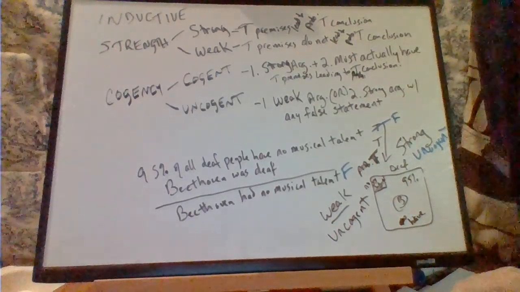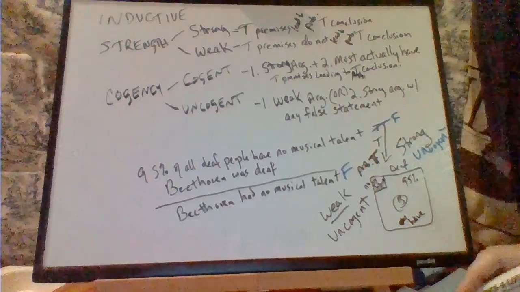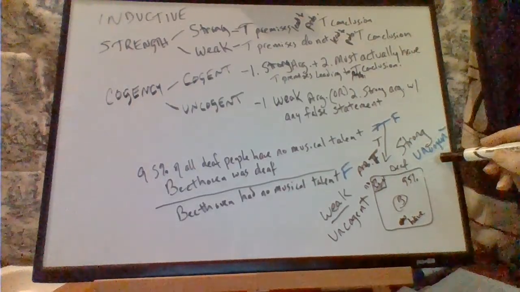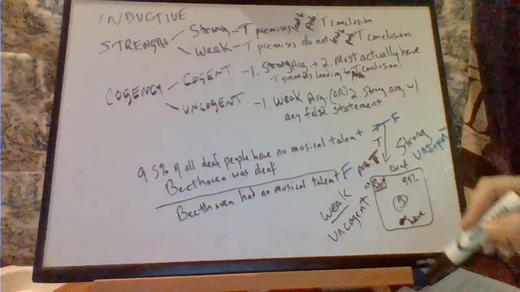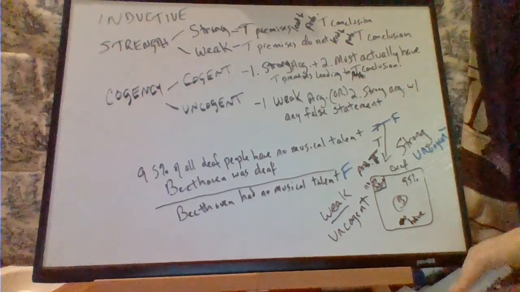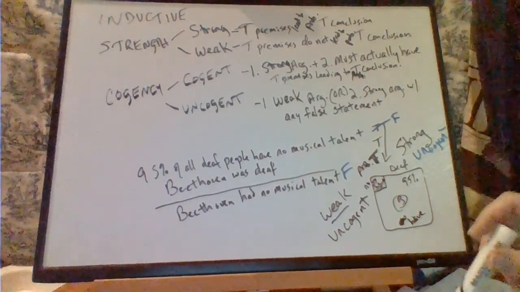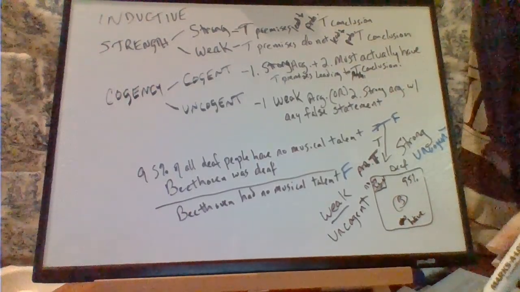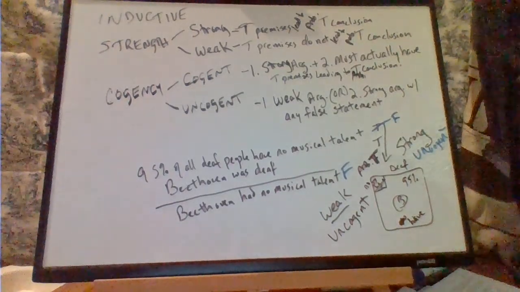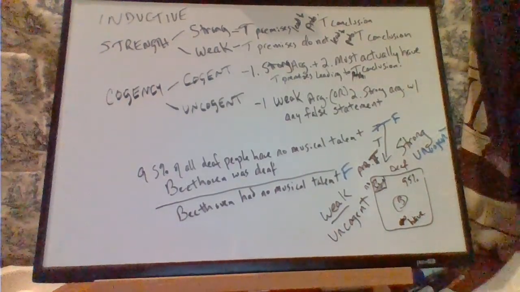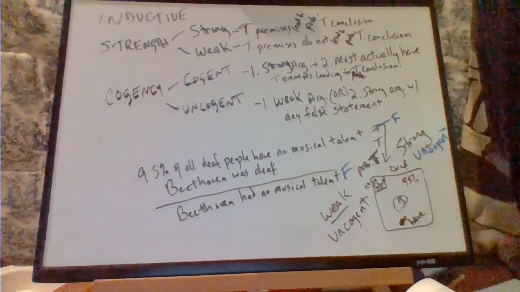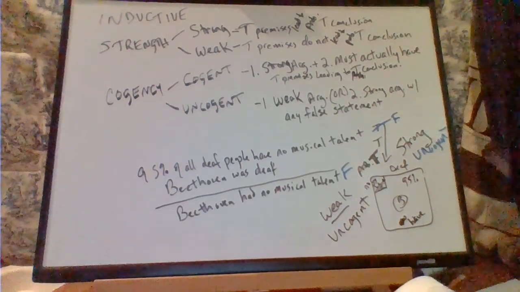That's one you want to use. If you have an argument that is strong but uncogent, then again, it means the structure is good, but you may have to play around with the words a little bit. And of course, if you have an argument that is weak, just throw it away. It doesn't serve any purpose to anyone. It has no value to us at all.